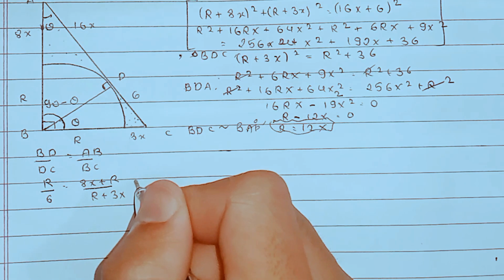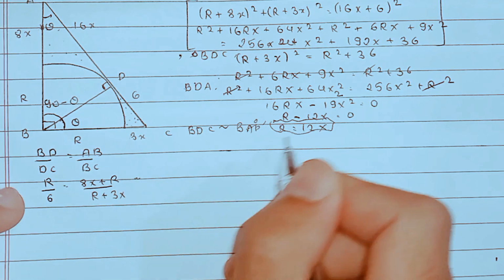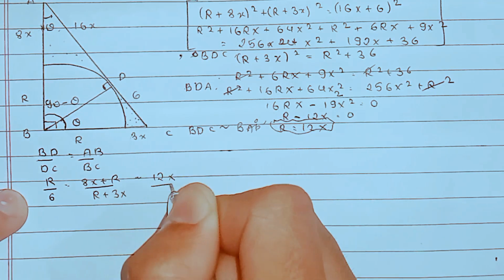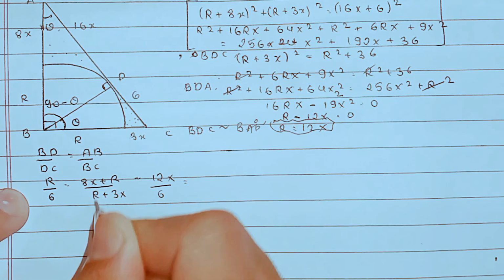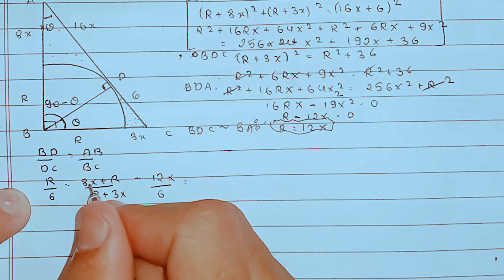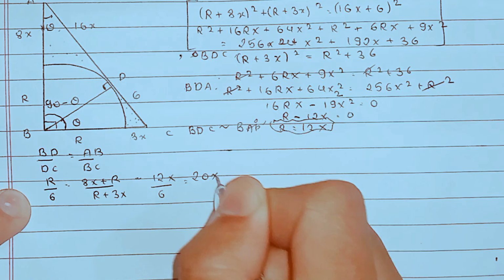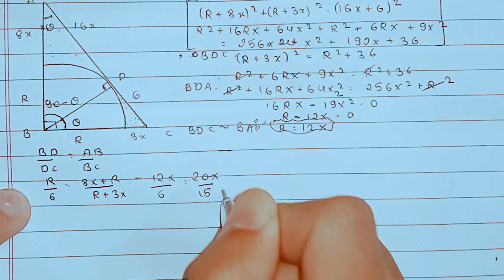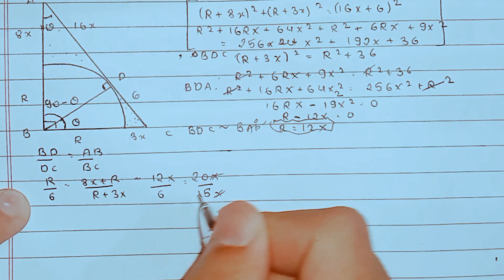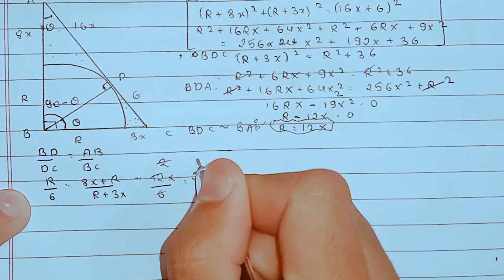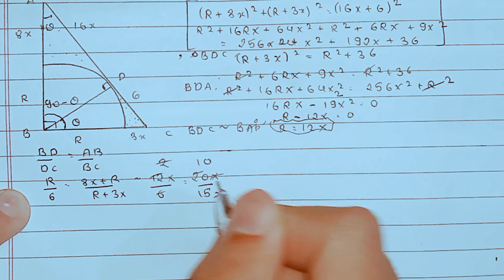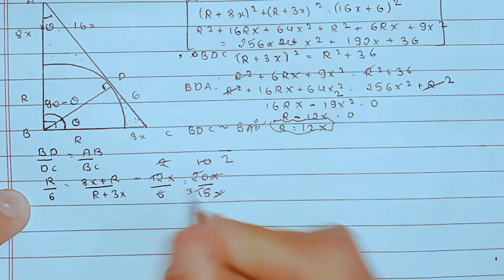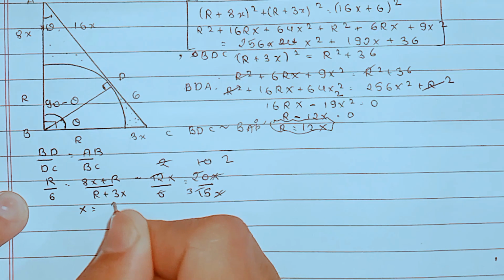Since r is equal to 12x, 12x upon 6 is equal to (8x + 12x) upon (12x + 3x), so 20x upon 15x. We can cancel x, and we have x equal to 2 by 3.